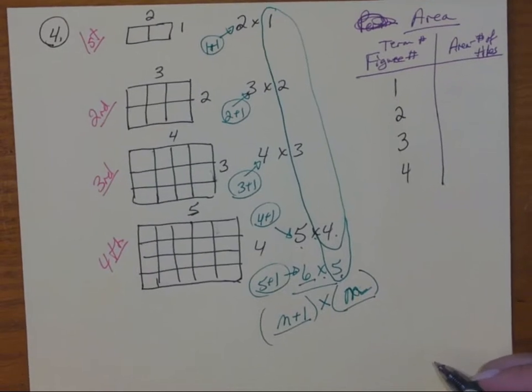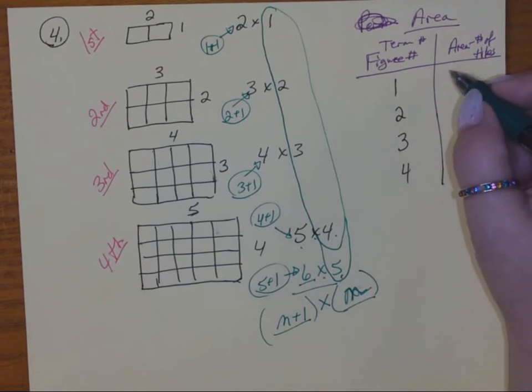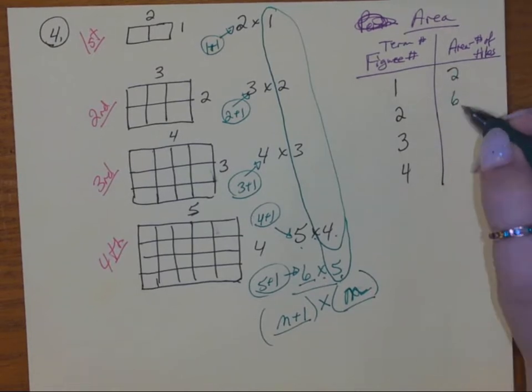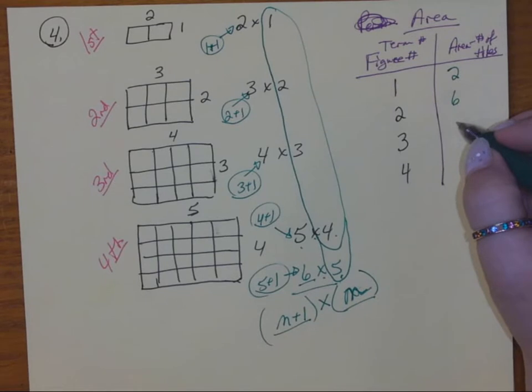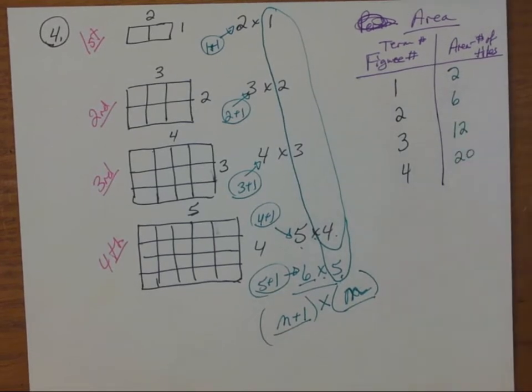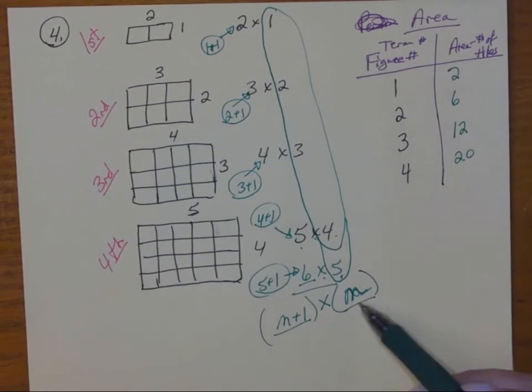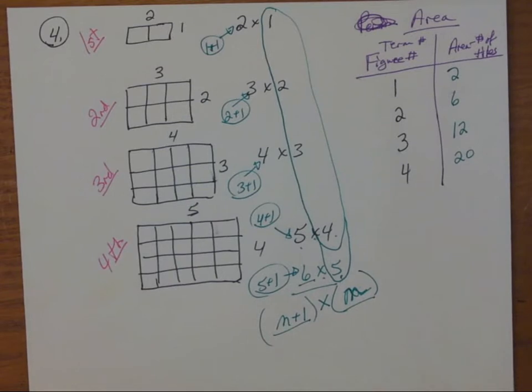Oh my gosh. Now hang on a minute. I didn't fill in these numbers here. The area here, sorry, is 2, 6, 12 and 20, right? Yeah. So hold on a second, because that's not linear anymore, right? And that's exactly what I want to think about whenever I'm looking over here.